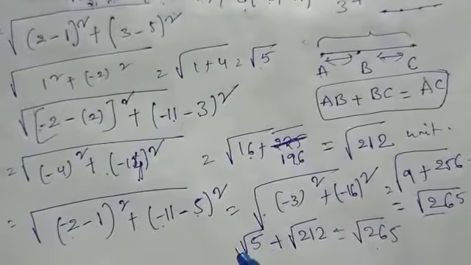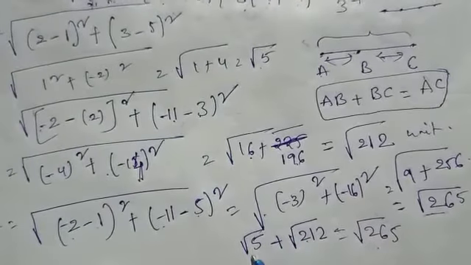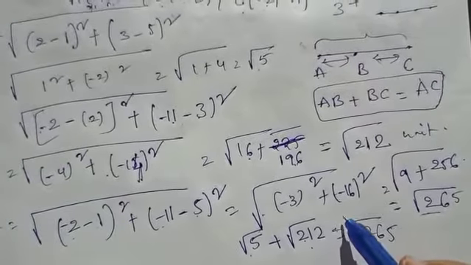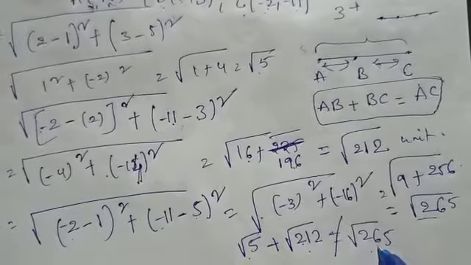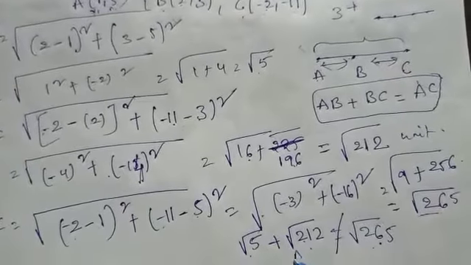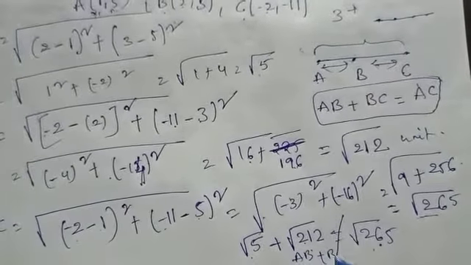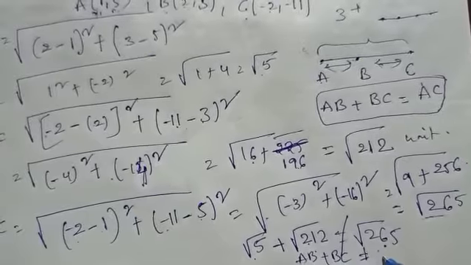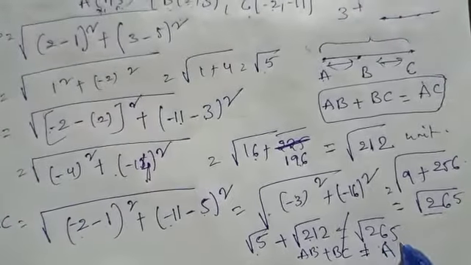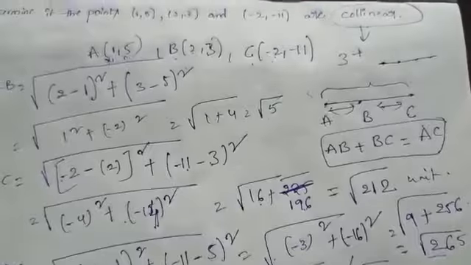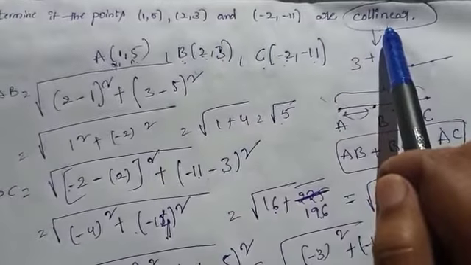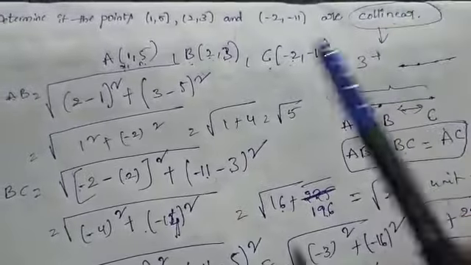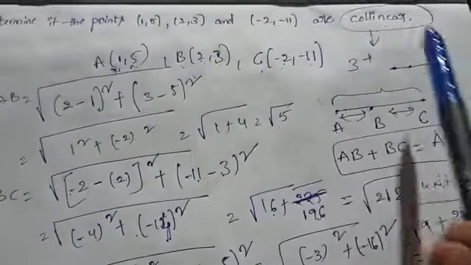Here the sum of the minimum distances is not equal to the maximum distance. Here AB plus BC is not equal to AC. So these three points are not collinear, they do not lie on the same line.